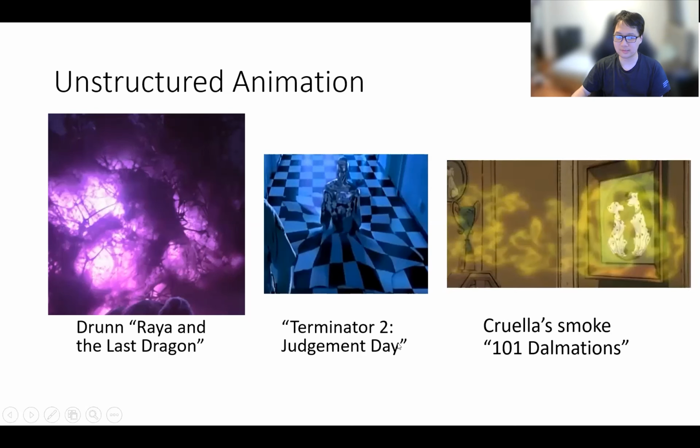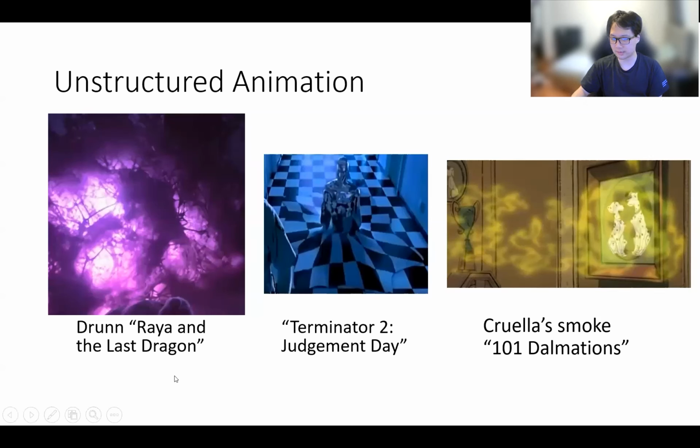And then this type of thing happens even before computer graphics. This is a shot of Cruella's cigarette smoke in 101 Dalmatians. It has this wispy, twisty, space-filling curve-like behavior. And there's clearly no rig, but it still needs to hit certain key shapes to convey the twisted personality of Cruella.